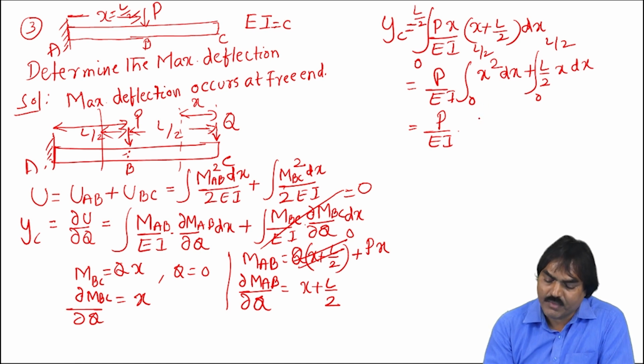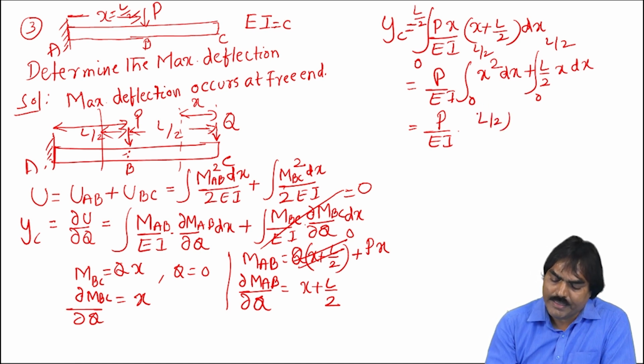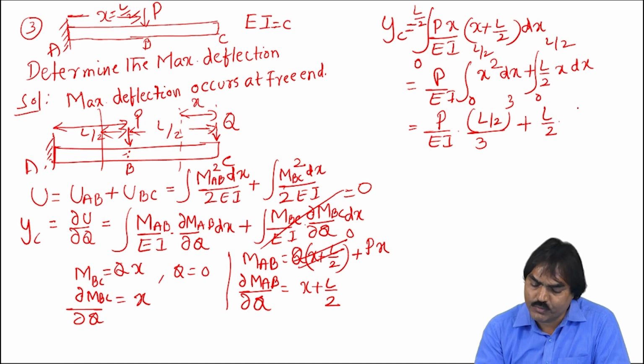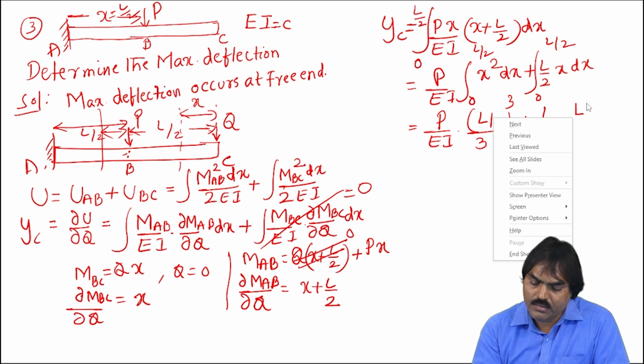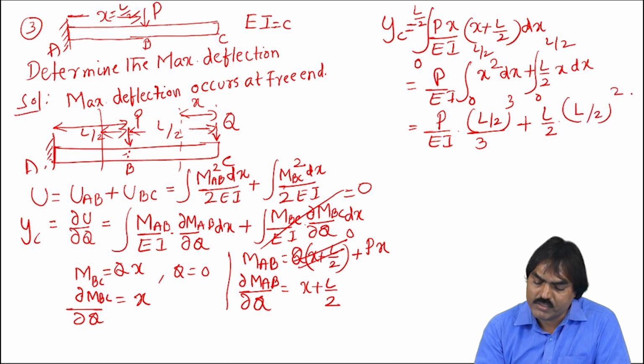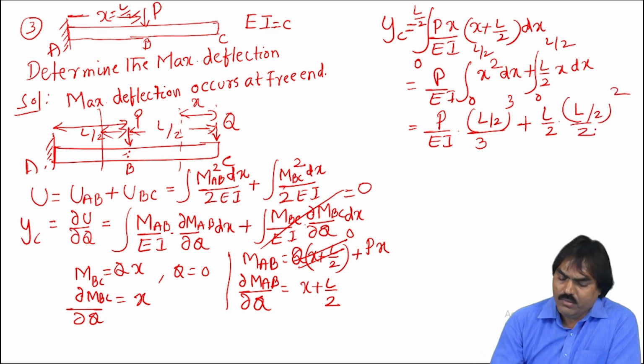X cube by 3, that is L by 2 cube by 3, plus L by 2 into X integration becomes X square by 2, that is L by 2 whole square by 2.